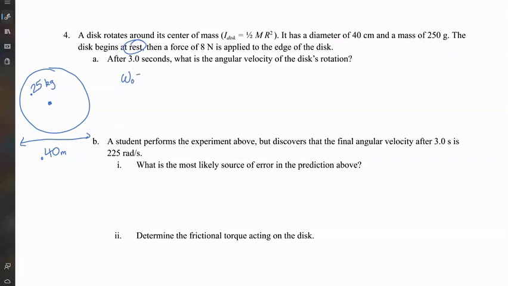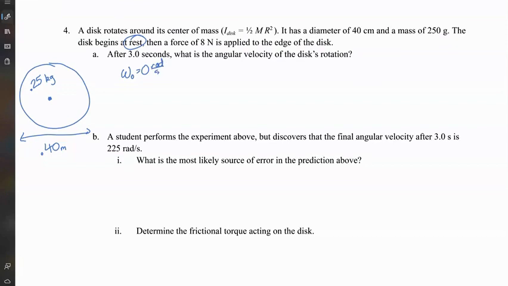The disk begins at rest, so omega naught equals 0. I used omega as opposed to v because it's a disk, and disks rotate. Then a force of 8 newtons is applied to the edge of the disk.